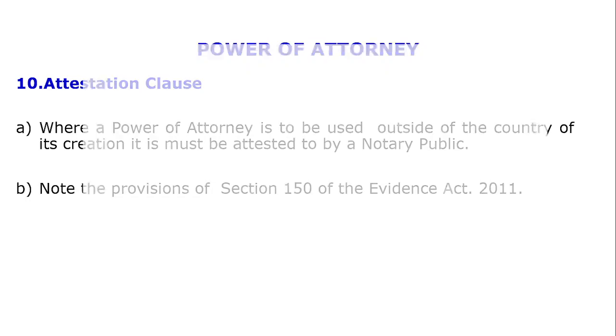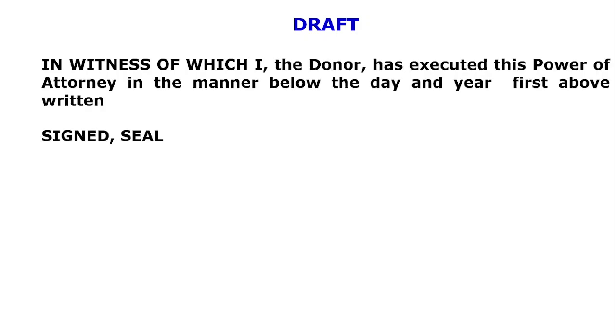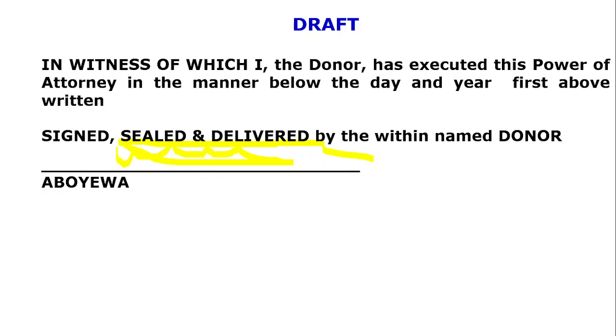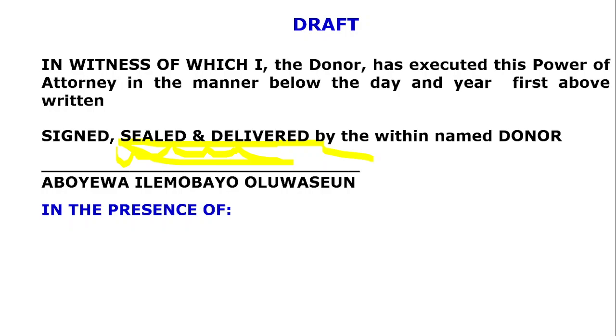So, how do you draft the attestation clause? No, this is the testimonium, right? You have the execution clause. Don't forget, you have to ensure that you sign, so you record that you are supposed to sign, and then you include the name of the donor. Then what follows is the attestation clause. In the presence of, you are saying that this signature took place in the presence of.